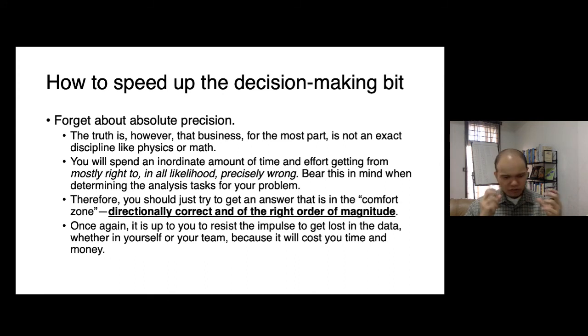And all of a sudden, because of your desire to be very, very precise, you might deviate from that area into something that's completely wrong. Therefore, you should try to get an answer that is in the comfort zone, directionally correct and in the right order of magnitude. Once again, it is up to you to resist the impulse to get lost in the data, whether in yourself or your team, because it will cost you time and money.